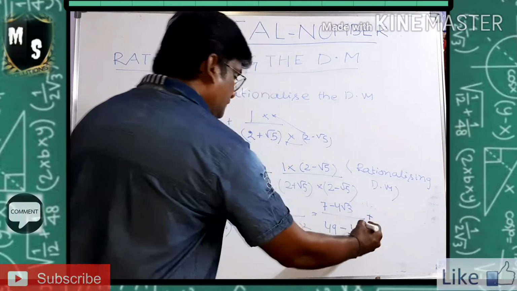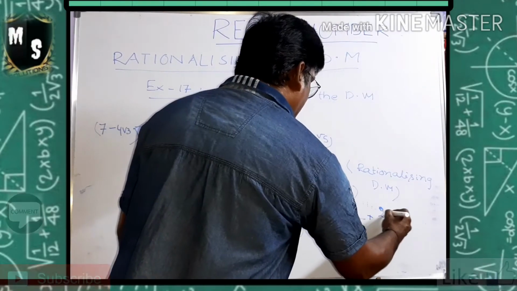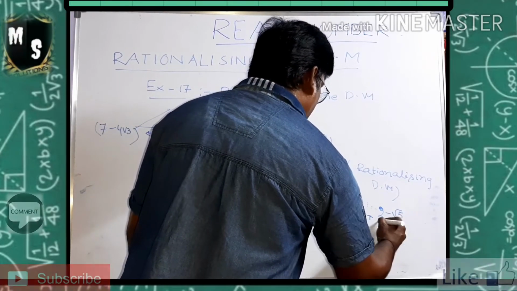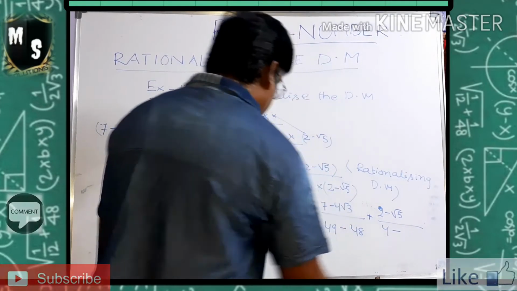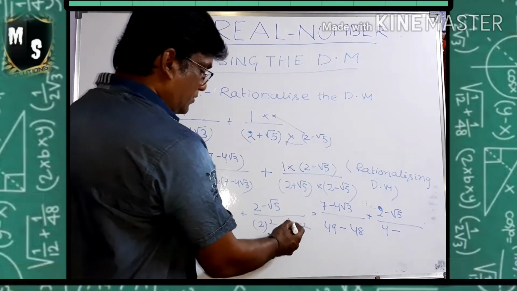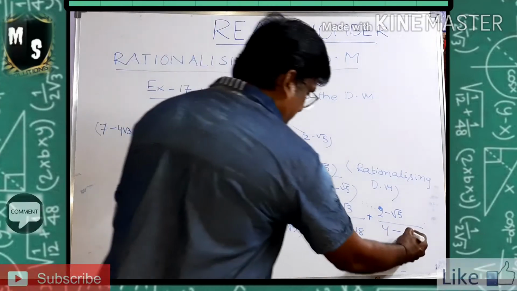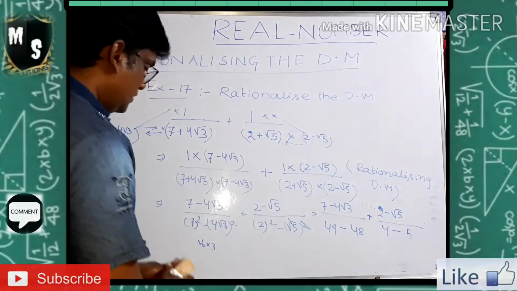How I did it? You understood? Then plus 2 minus root 5 by 2 square 4 minus root 5 square, the square root cancelled, so only 5 came. Clear? Understood?